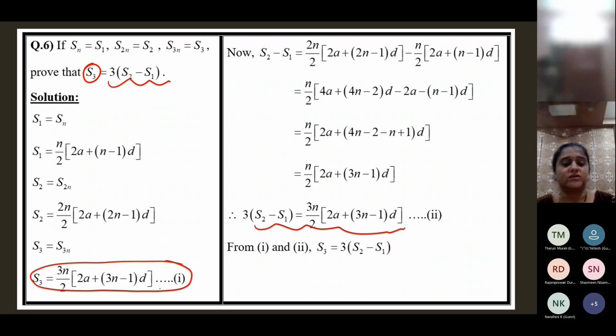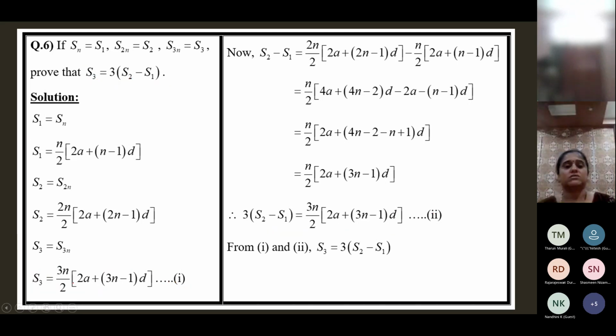This is S3, which we called 1, and this is 3 times S2 minus S1, which we called 2. From 1 and 2, we can see that they are equal. They have the same answer.